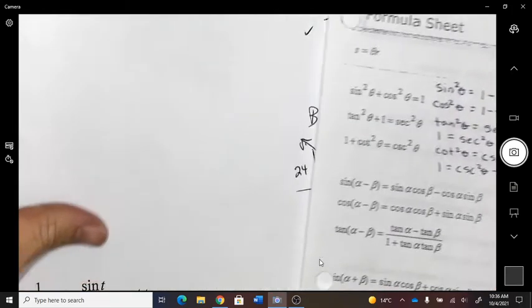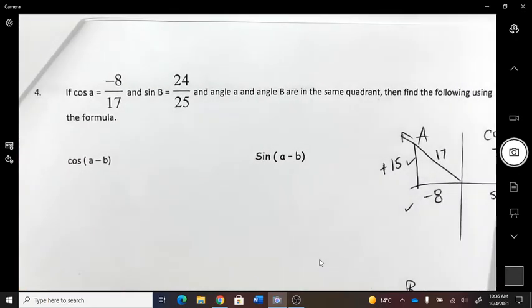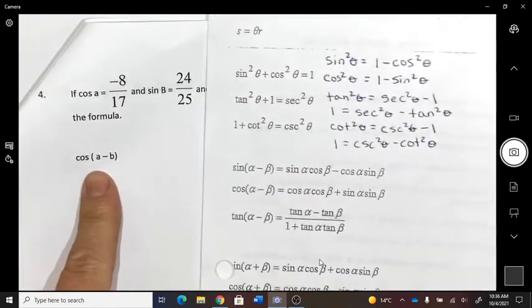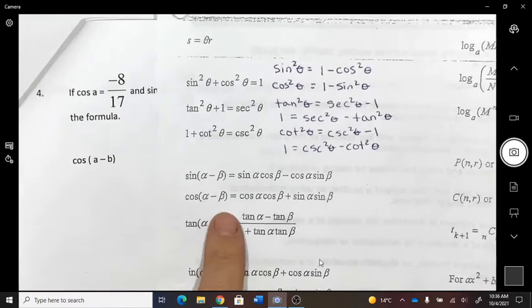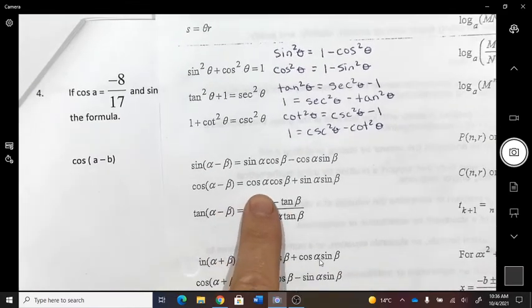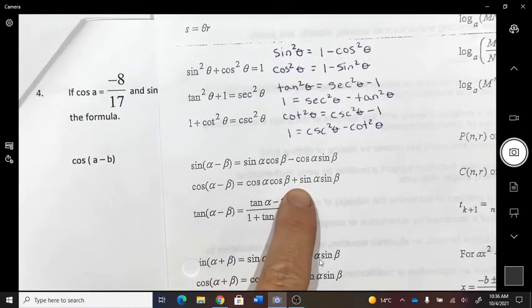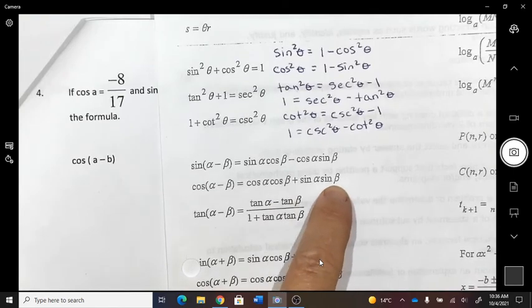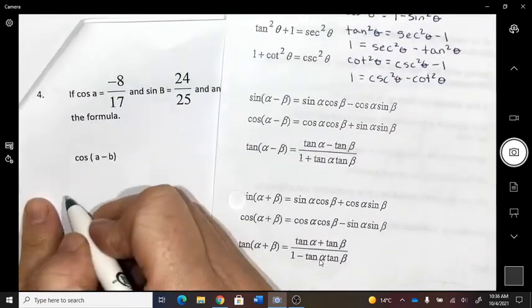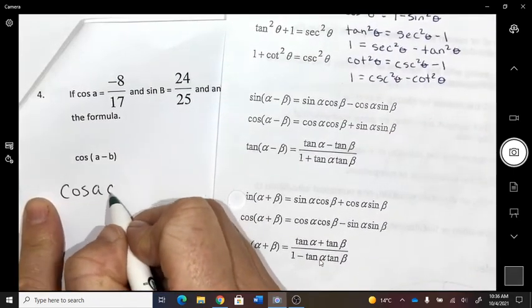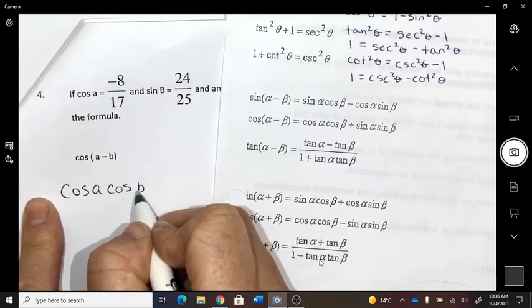Cos of A subtract B. Find yourself a formula. Cos, cos plus sine, sine. Cos A, cos B plus.